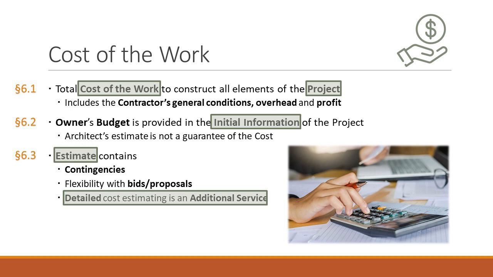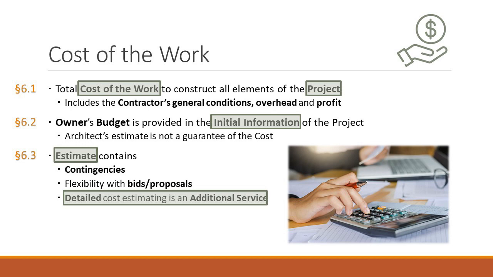What happens, though, is sometimes you blow the estimate. And if that happens, then the owner's like, well, you promised that we'd be able to do this house for $1 million, and the bids are coming back at 1.3. That doesn't mean that the architect has to pay for the additional $300,000 over what was in the preliminary estimate.